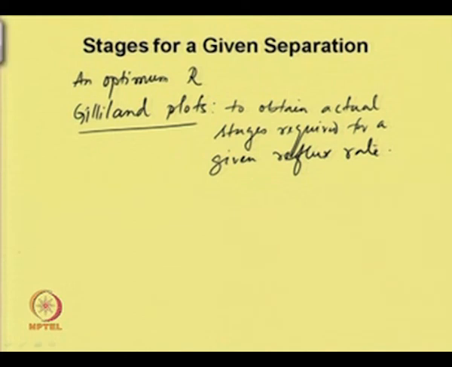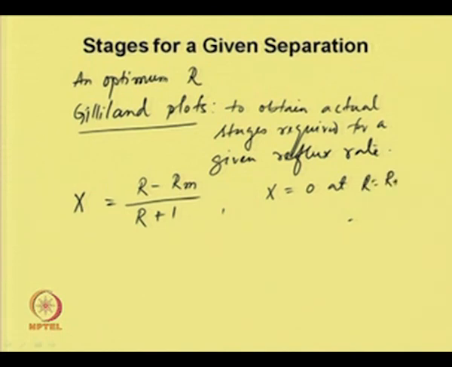The plots relate two variables. One is x, which is equal to R minus R min divided by R plus 1. This x ranges from x is equal to 0 at R is equal to R min, and x is equal to infinity at N is equal to N min.